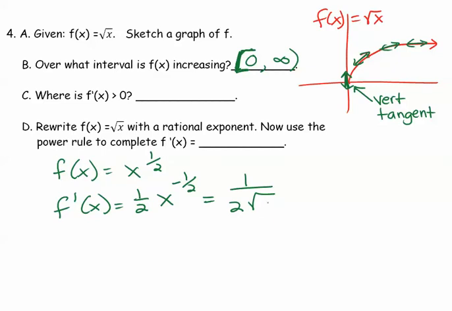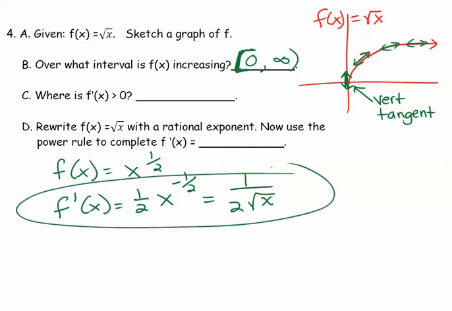And this I would now like you to be so familiar with because we often do the derivative of the square root of x. And as soon as you see this square root of x in the denominator, notice the domain of f prime of x. We can't put a negative under the square root sign, and we can't put 0 because it's in the denominator.